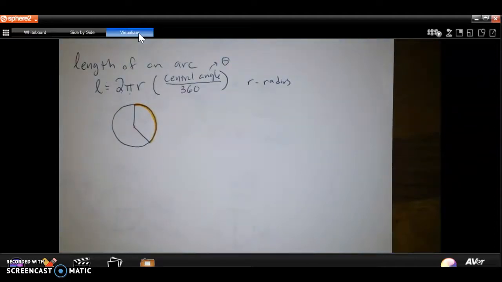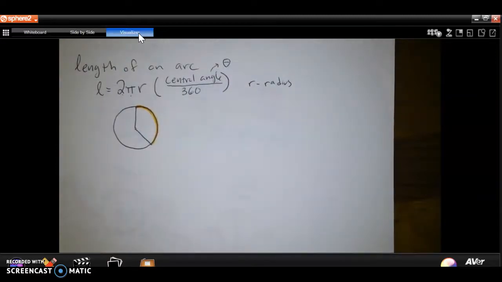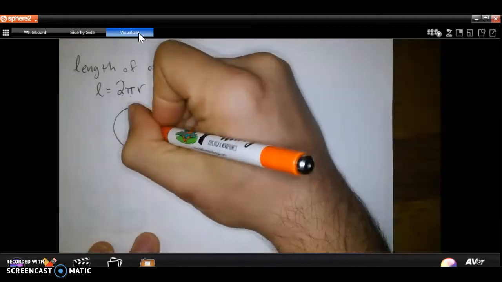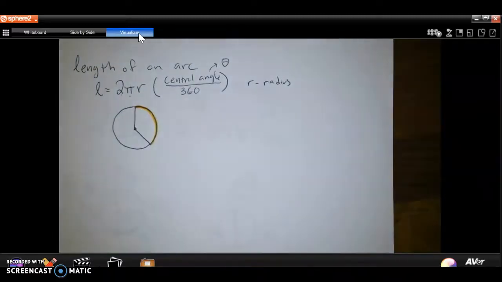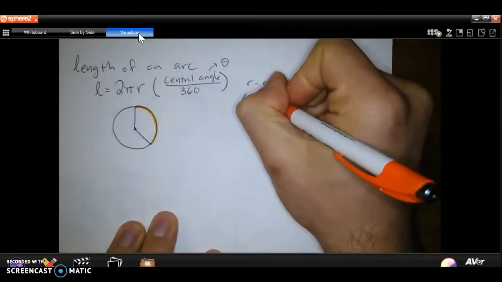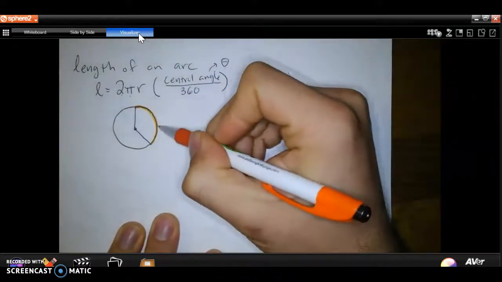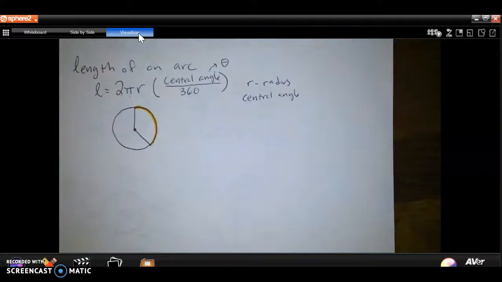But if you're not used to using Greek letters, I think it's more helpful to actually write out central angle here. The central angle is the same thing we used last class. It is an angle based off the center of a circle, and that's divided by 360. So we only need to know two things: the radius and the central angle, to calculate this portion of our circumference.